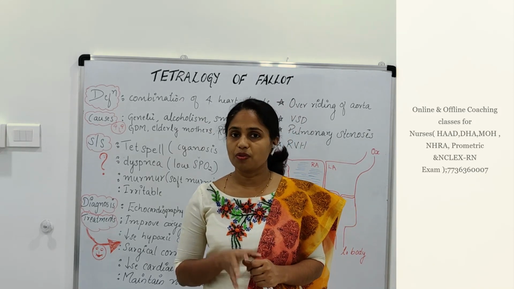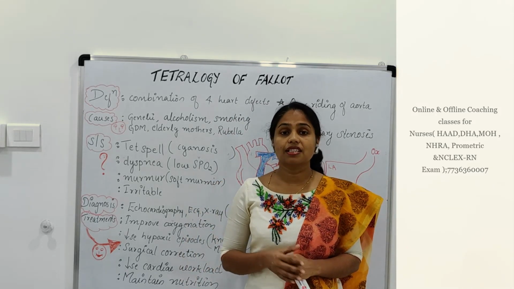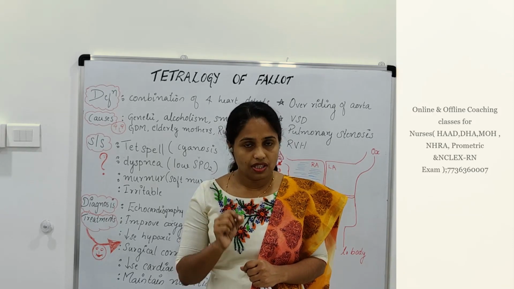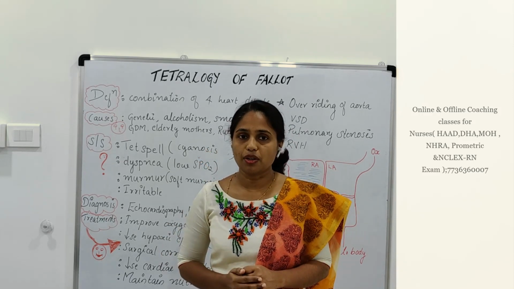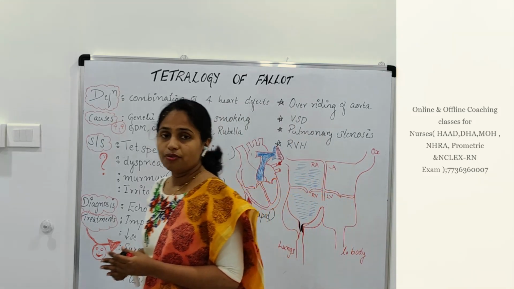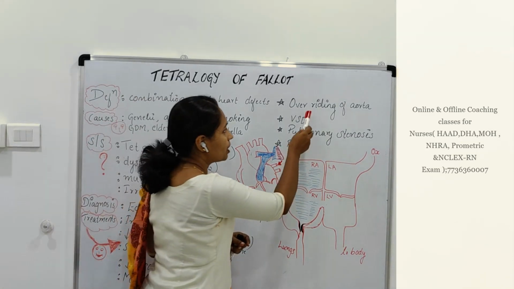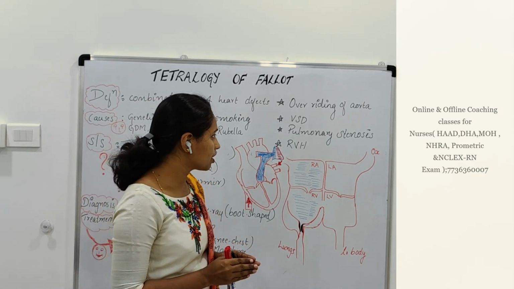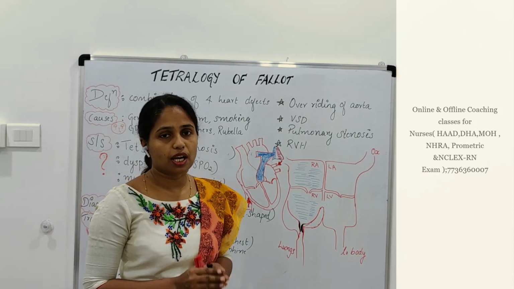Tetralogy of Fallot. So what is this Tetralogy of Fallot? It is a cyanotic cardiac disorder, a congenital cardiac disorder which has 4 other congenital anomalies. It is a combination of 4 heart defects: overriding of aorta, ventricular septal defect, pulmonary stenosis and right ventricular hypertrophy.